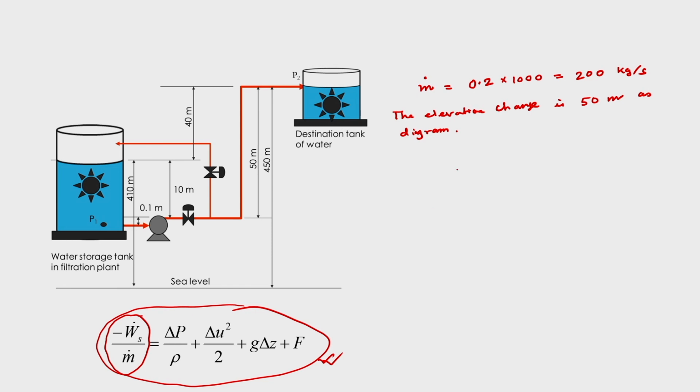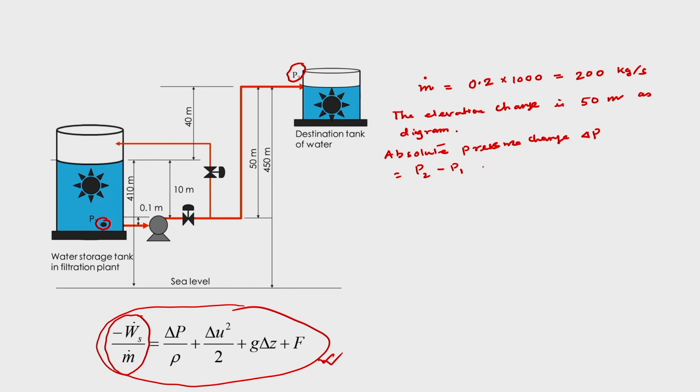Next we have to calculate the absolute pressure change, delta P. That will simply be P2 minus P1. As per the diagram, P2 is at the water level in the destination tank, and P1 is where the water is being sucked in by the pump.